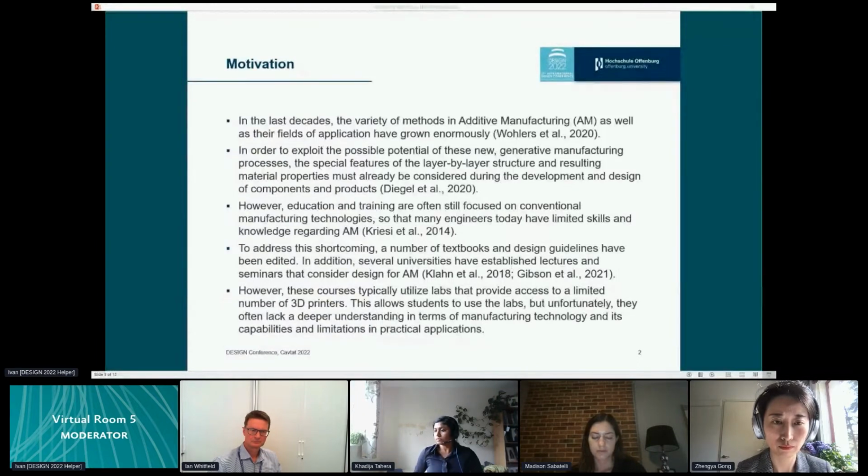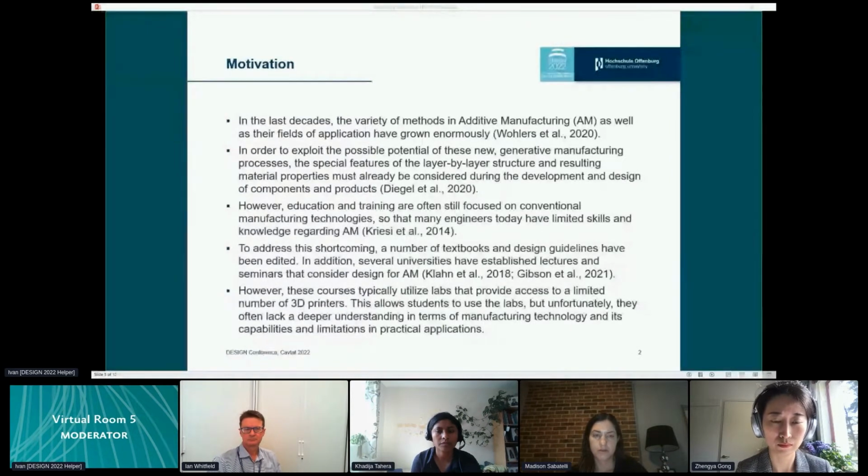education and training are often still focused on conventional manufacturing technologies, so that many engineers today have only limited skills and knowledge about AM. To address this shortcoming, a number of textbooks and design guidelines have been edited. In addition, several universities have established lectures and seminars that consider design for AM.